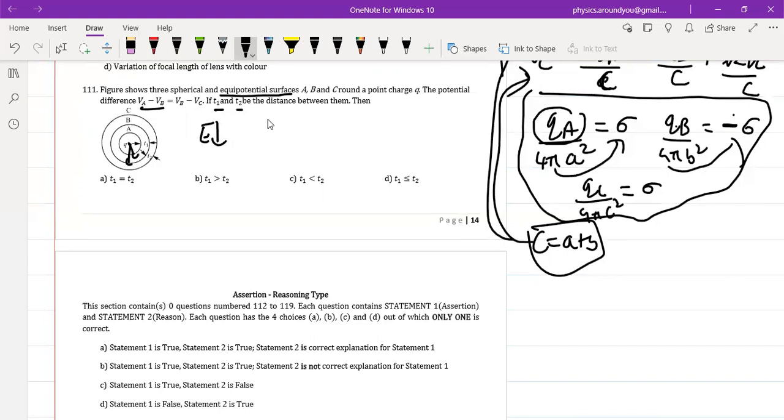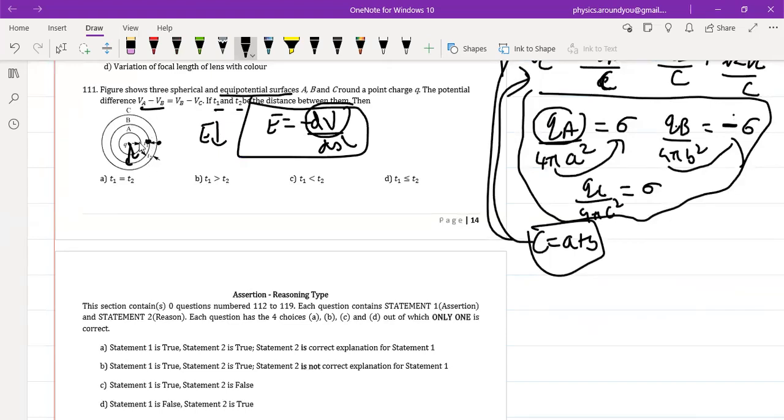And what is electric field? Electric field is minus dV by dx, right? So the electric field at this point is going to be greater than the electric field at this point. When will that happen? dV is the same for both points.